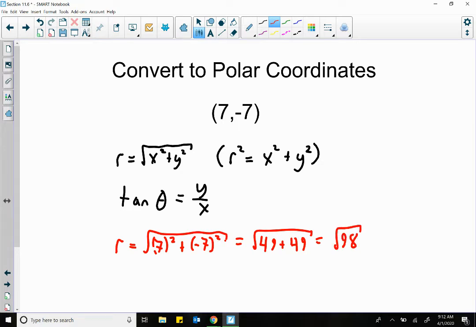And you do have to reduce this radical if it can reduce. No decimals. So this does reduce with the square root of 49 times the square root of 2, and that gives us 7 square roots of 2. So that is our r value.